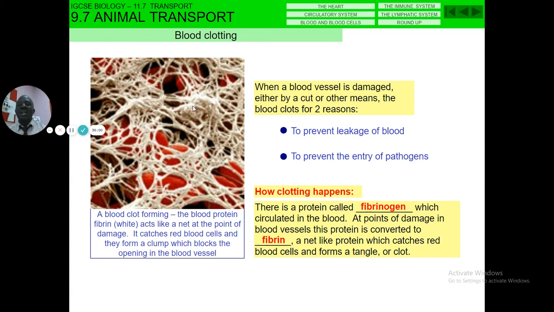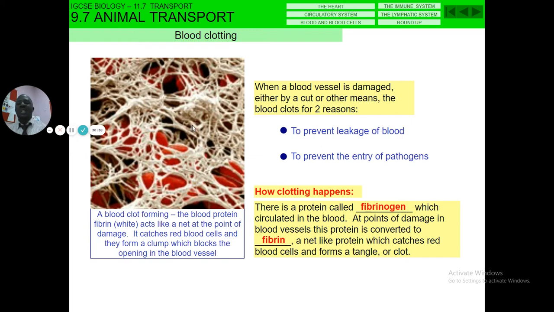It comes as a result of damage or exposure of blood to air, whereby fibrinogen, a soluble protein in blood, is converted into fibrin fibers. As you hear the word fibrin, it's a fiber like your hair fibers, which form a network around the wound and prevents these cells from escaping, so blood does not ooze out.